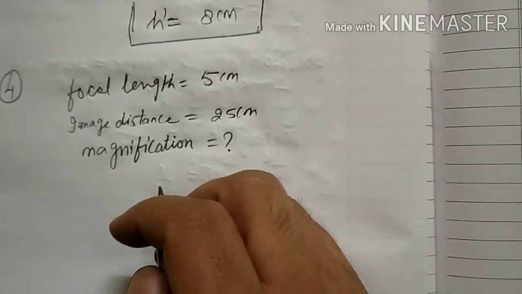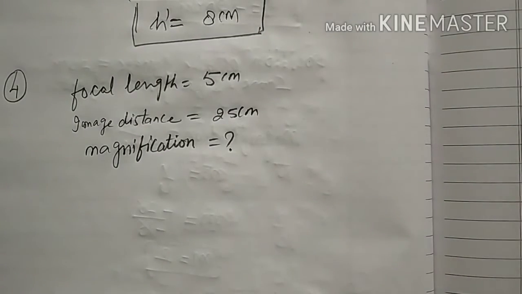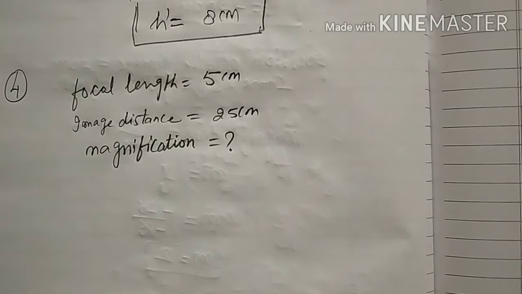Find its magnification. That means we are placing the object in front of a convex lens in such a way that it forms a virtual image at a distance of 25 centimeter, and we want to know the magnification of this lens.